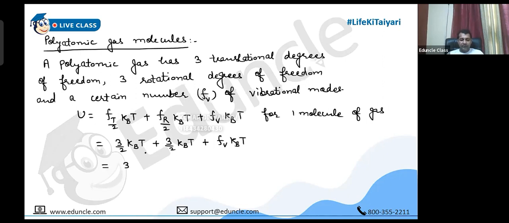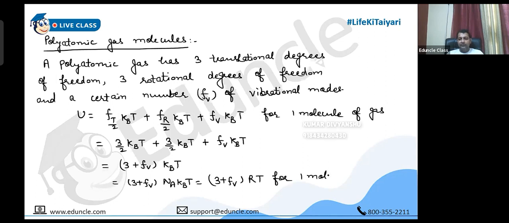So it will be 3 plus FV kT for one molecule, and 3 plus FV Na kT for 1 mole, equal to 3 plus FV RT for 1 mole. Please check. Is it clear to everyone? Now from this information we can get CV and then CP, and it means we can also get their ratio.